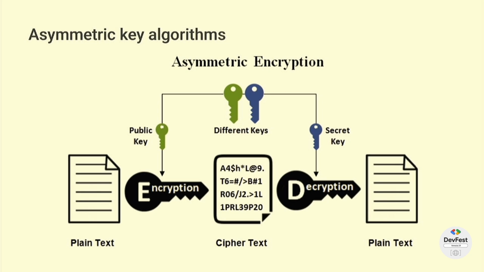As an example, if someone wants to send me a message, I give this person the public key that I generated, and this person can encrypt some data and send it to me using this public key. Then only I will be able to decrypt this data by using my secret key, which of course I should not share.